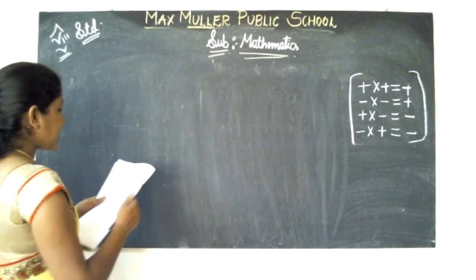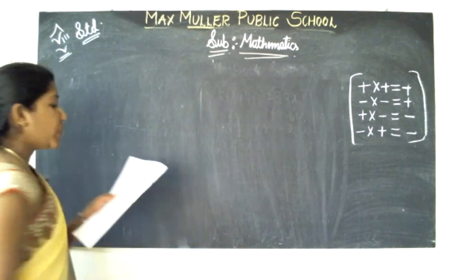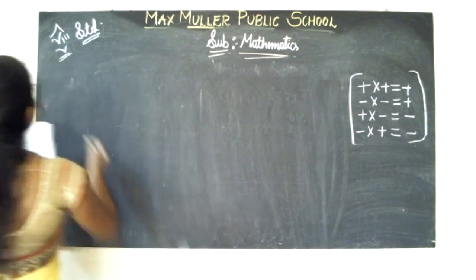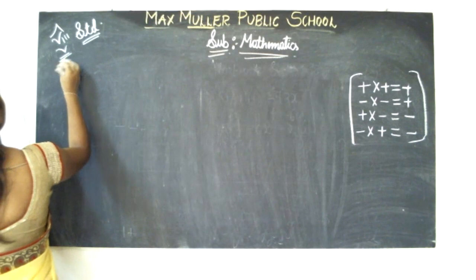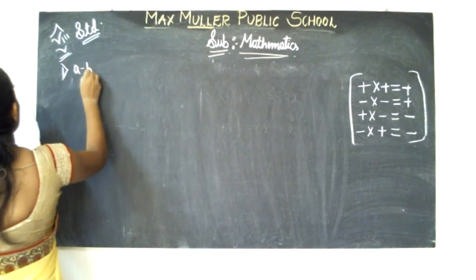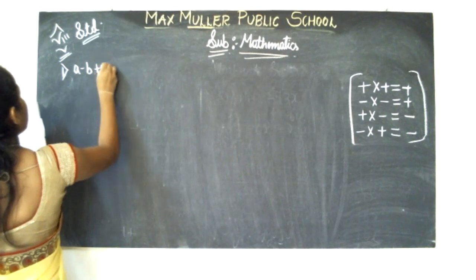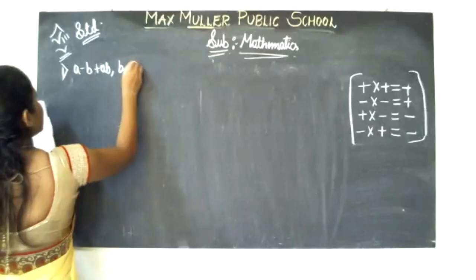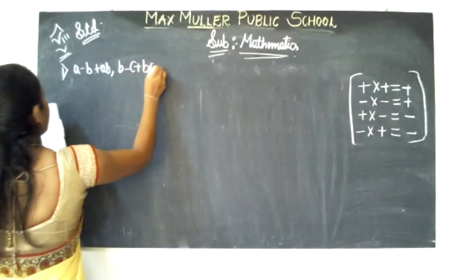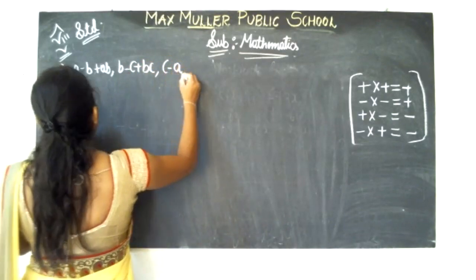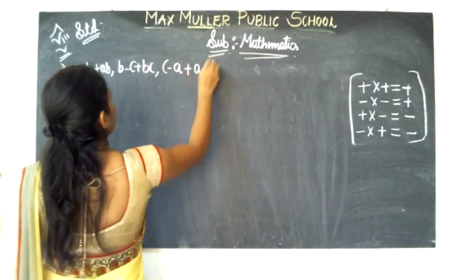Okay, in the last class I taught you AB minus BC, BC minus CA, CA minus AB, and now we'll go to the next problem: A minus B plus AB, comma, B minus C plus BC, comma, C minus A plus AC.